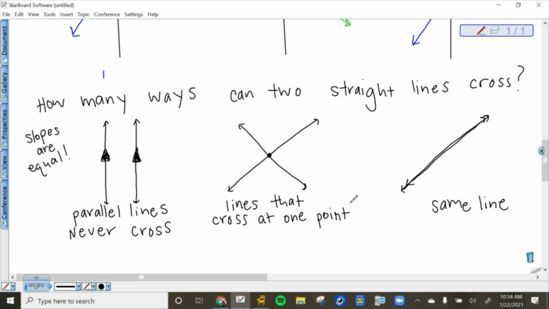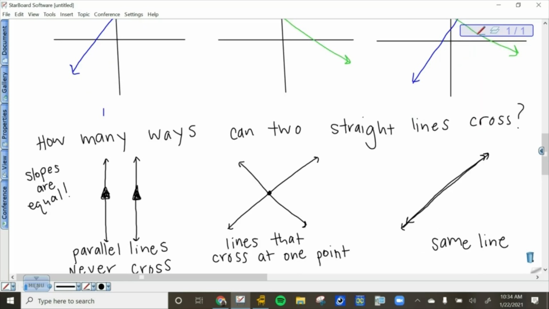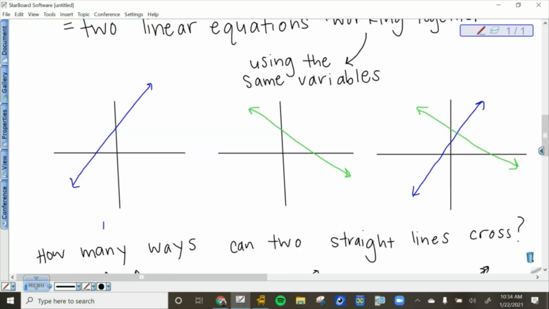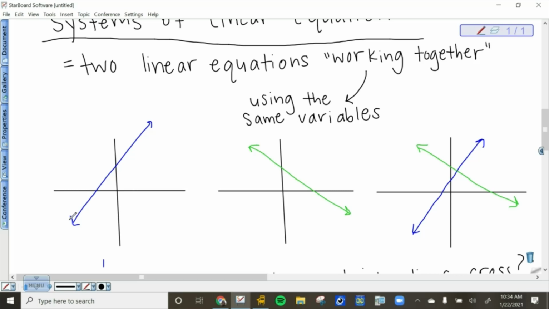So I want to go back up and look at those first three graphs that you drew. When we have just a line, we've learned that every single point on that line is a solution to the equation. Let's pretend that this line is y equals 2x plus 4.